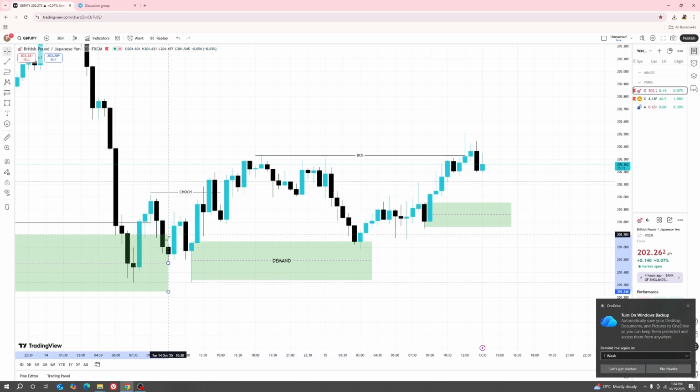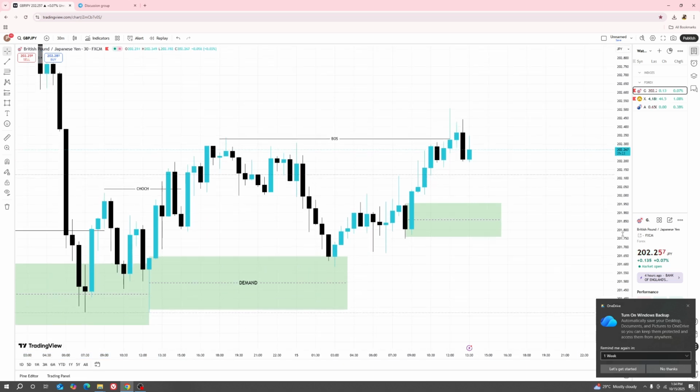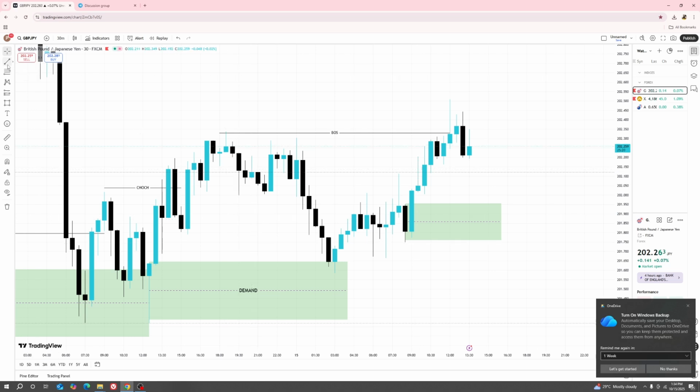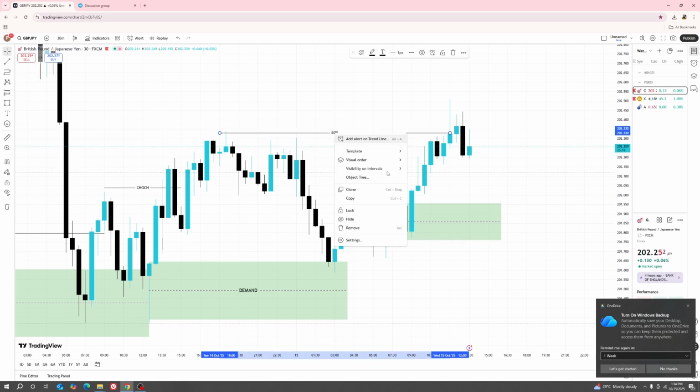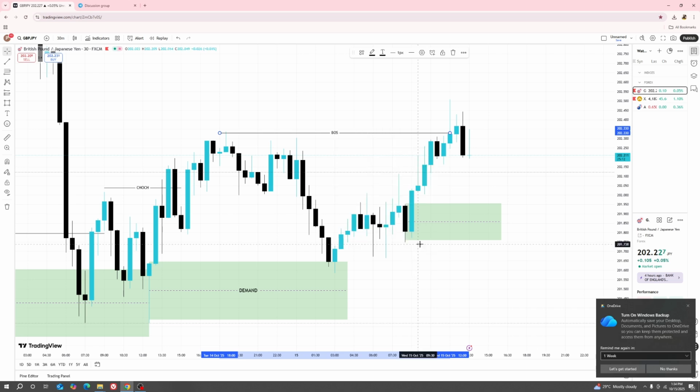We can therefore refine the main higher time frame, which is the 4H demand level, marking the internal structure. Now this one becomes a higher time frame break of structure. So we can therefore mark the internal structures.